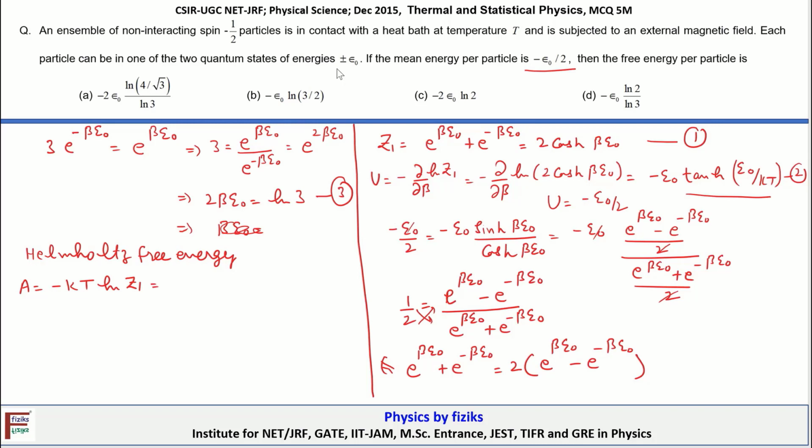So that is equal to minus kT ln(2 cosh βE0), and upon expansion this is equal to minus kT ln 2, and then minus kT ln cosh βE0.